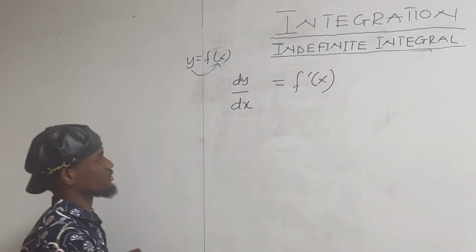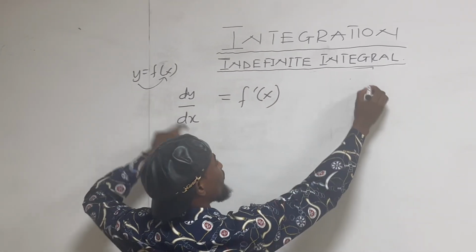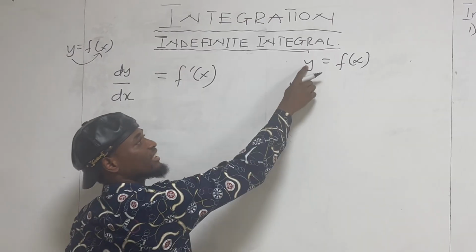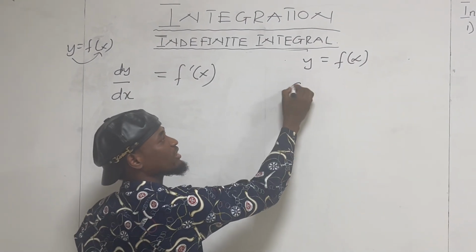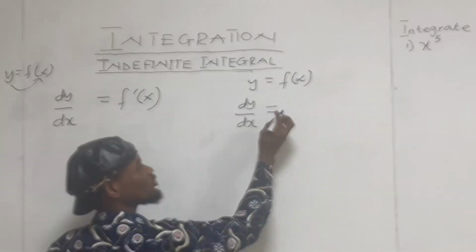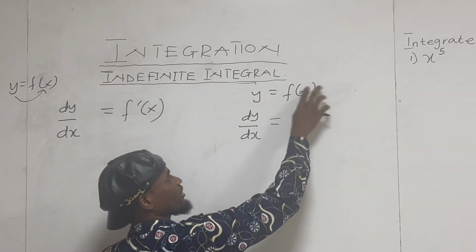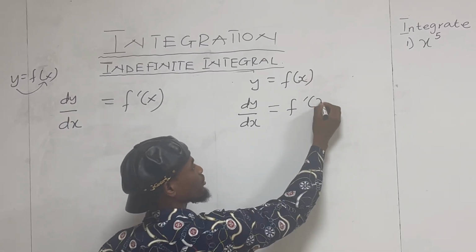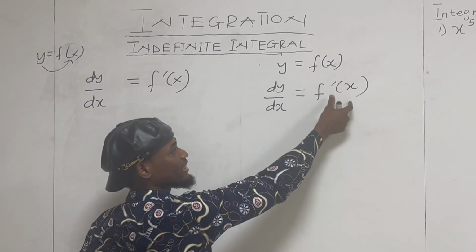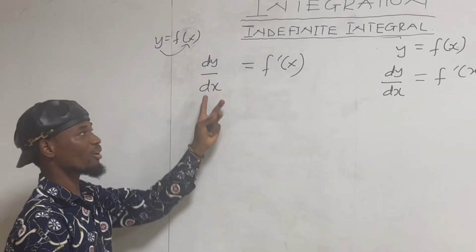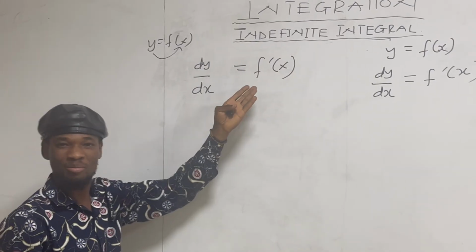In other words, when you have y equal to f of x, when I differentiate this with respect to x, I'll have what? dy over dx, which is equal to, when you differentiate this, f prime of what? Of x. So this is the same as what? It's the same as that. So as a result of that, I can write dy over dx is equal to f prime of x.